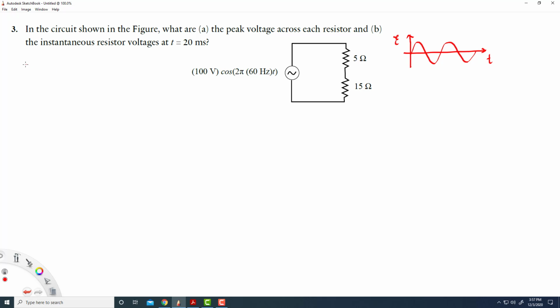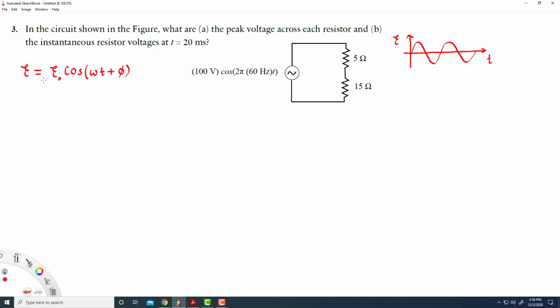So we know the EMF is given by E peak cosine, oh sorry, not 2 pi, omega t plus phi.